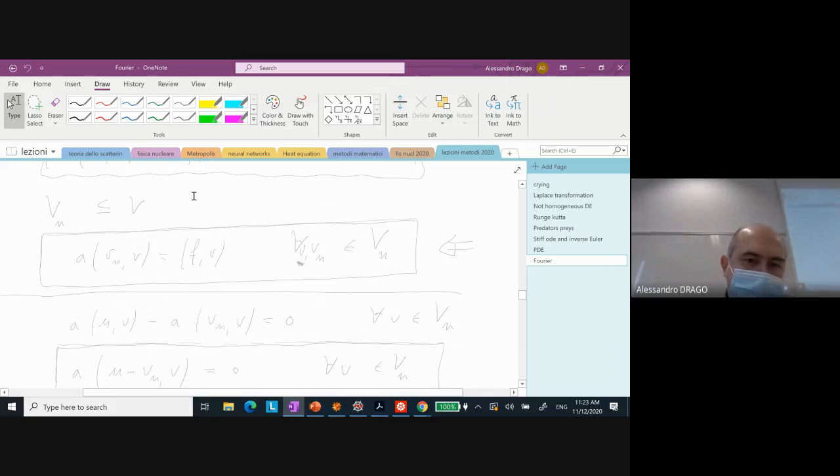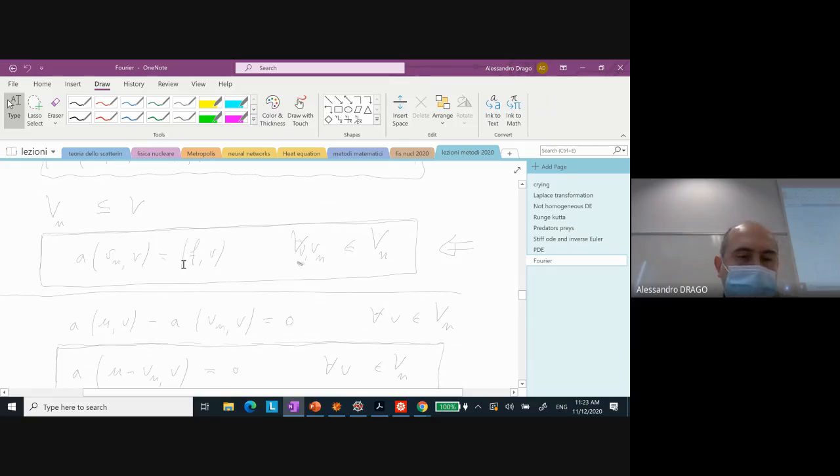Typically, the subspace is finite dimensional. And what we claim is that it does make sense to solve the equation restricted now to the subspace.